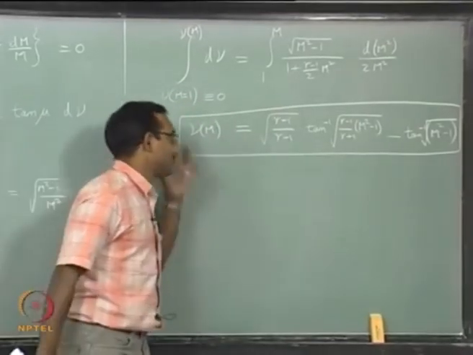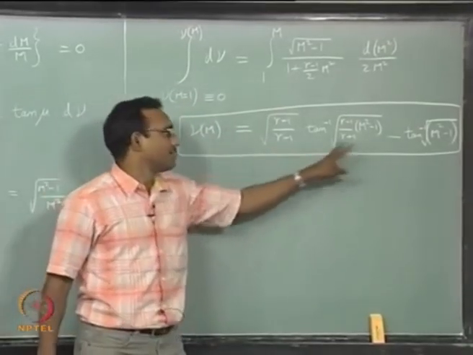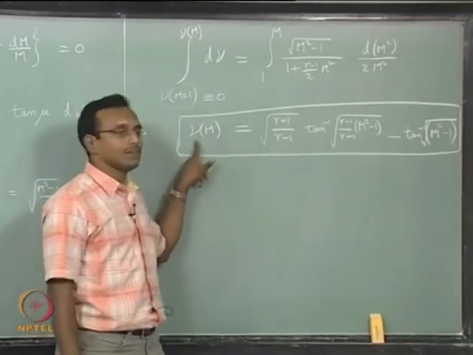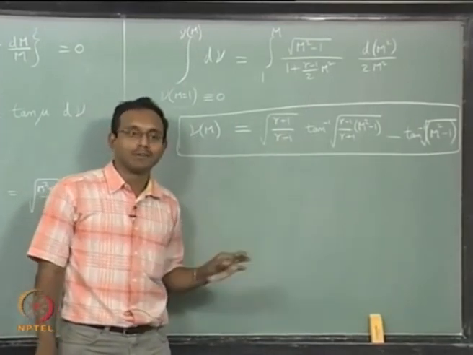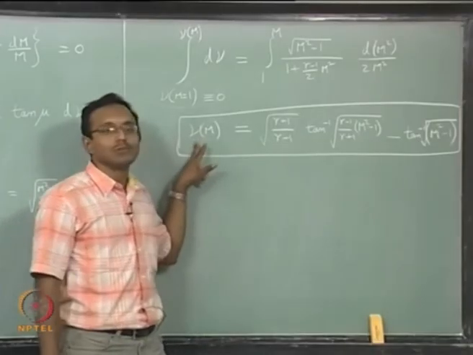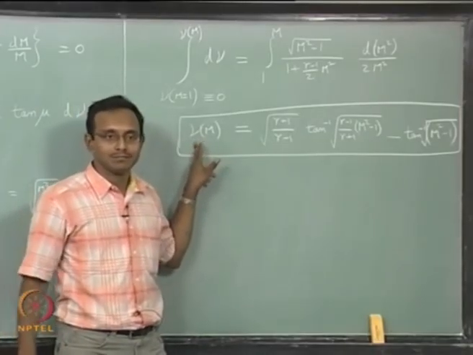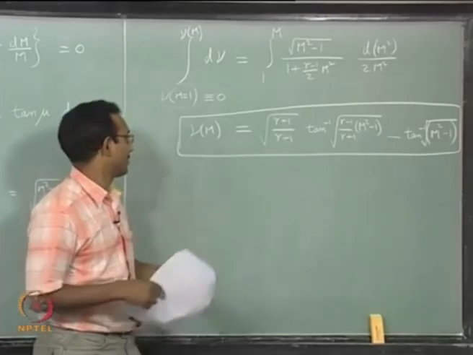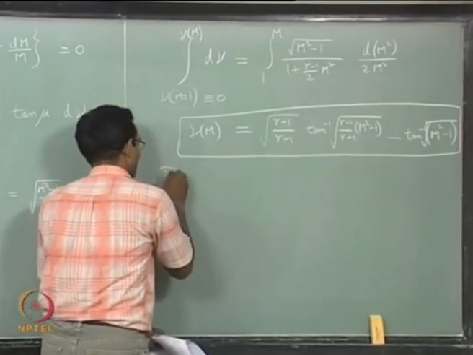This is a function which is purely a function of gamma and M only, and I can tell you for every Mach number some value called the Prandtl-Meyer angle. This is called the Prandtl-Meyer angle. I will write that at least once.